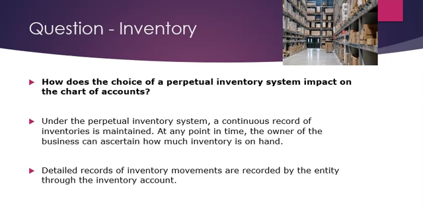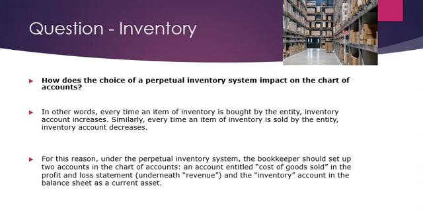So that's one of the accounts in our chart of accounts. In other words, every time an item of inventory is purchased by the entity, the inventory account will go up. If the inventory is sold by the entity, the inventory account will decrease.